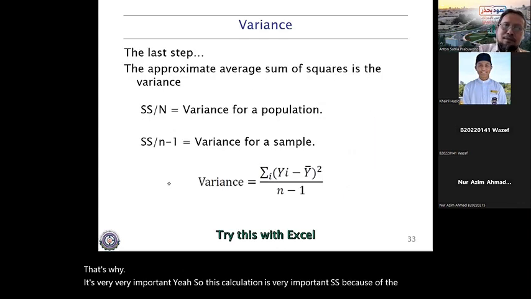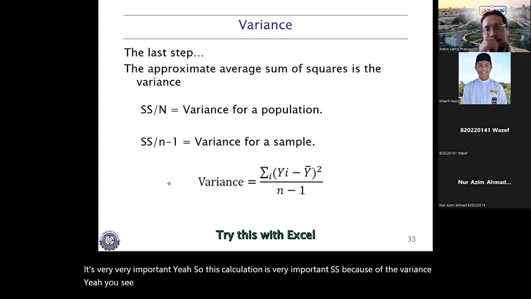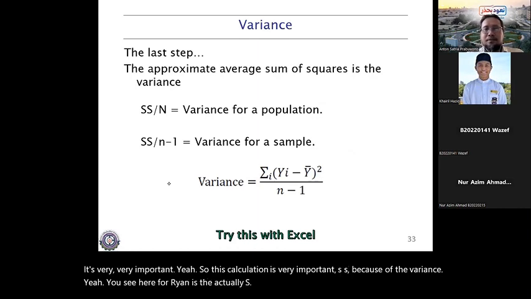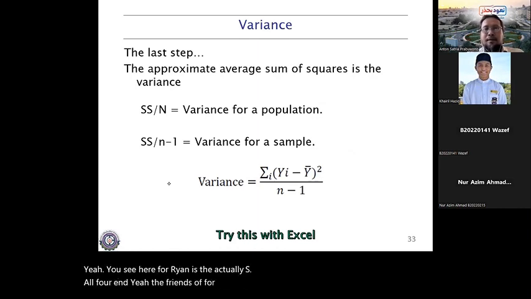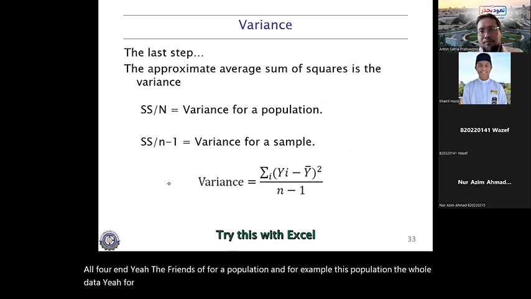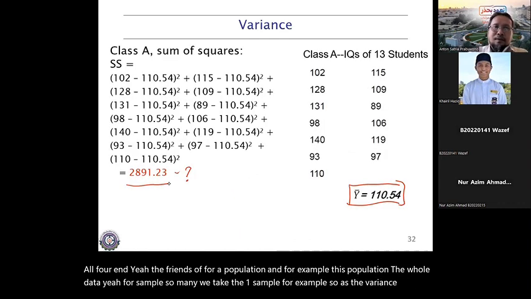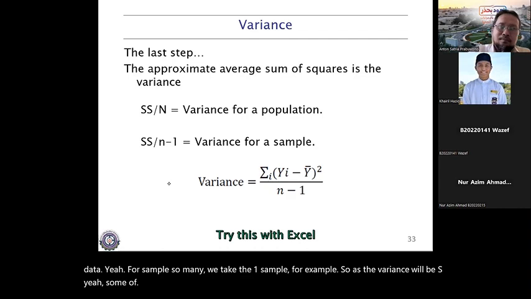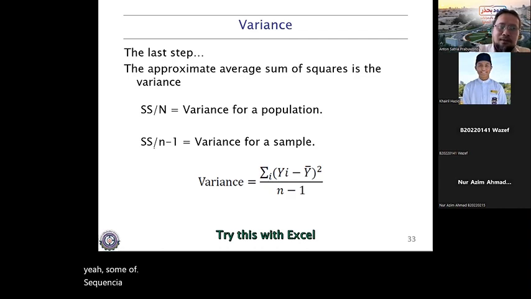We see here the variance is actually SS over n, the variance for a population, the whole data. For a sample, when we take one sample, the variance will be SS, the sum of squares, divided by n minus 1.